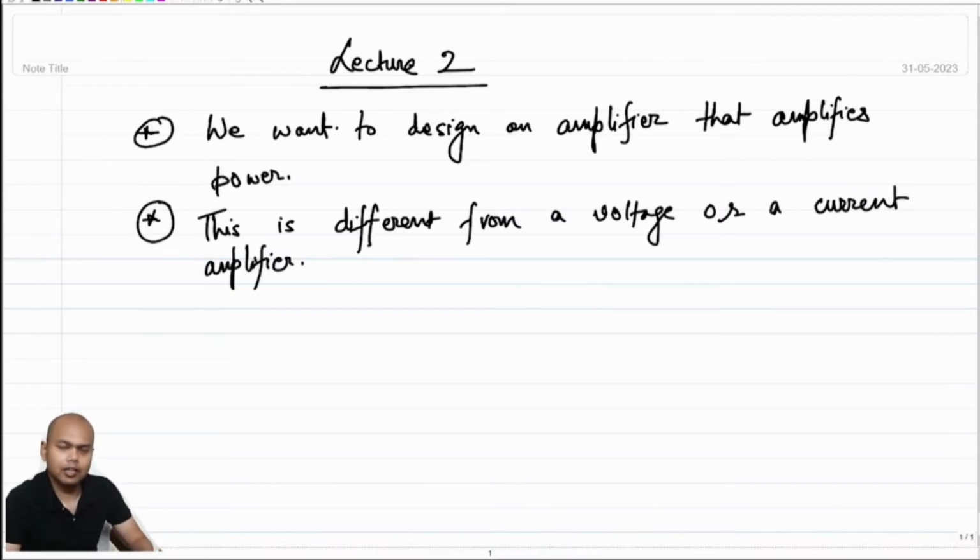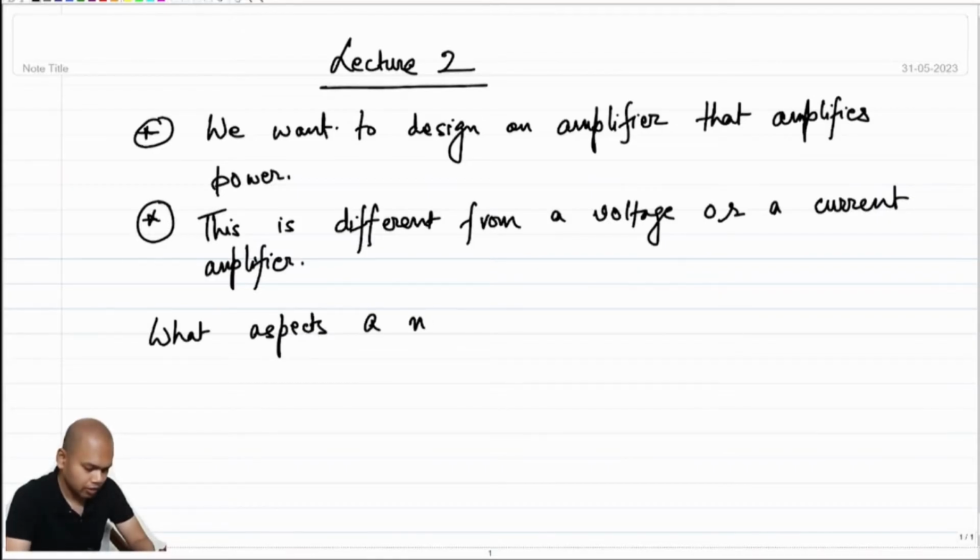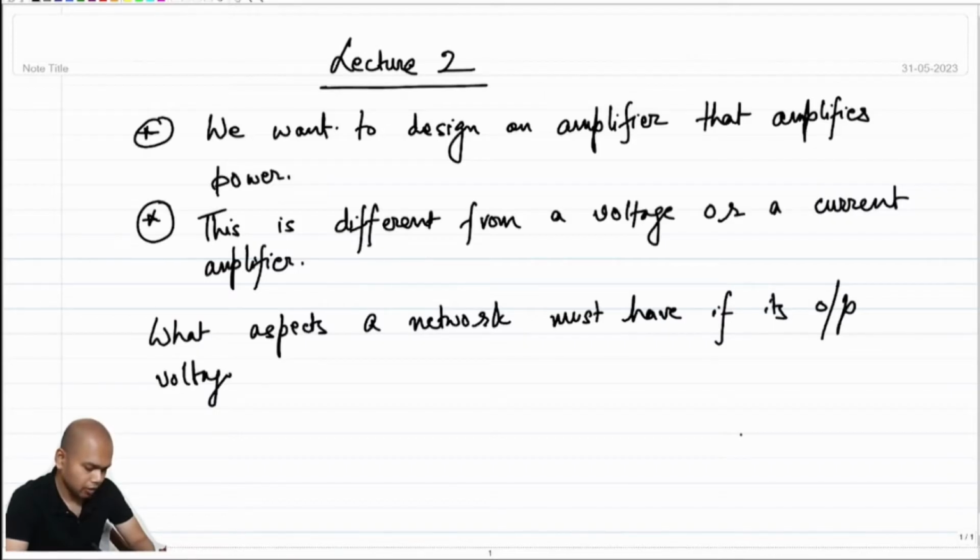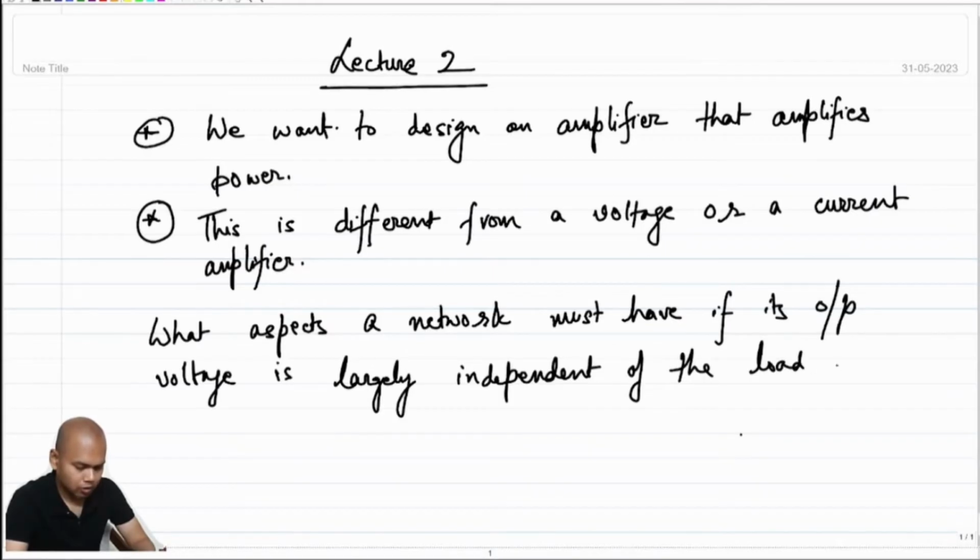While we were closing in at the end of lecture 1, we were also trying to see what aspects a network must have if its output voltage is largely independent of the load resistance that it is driving.